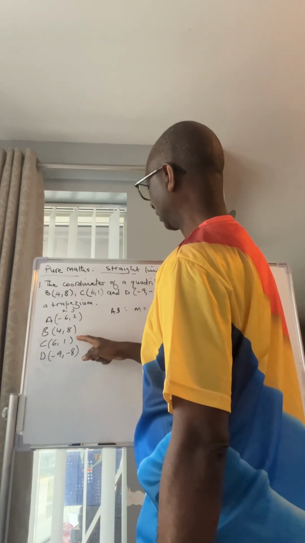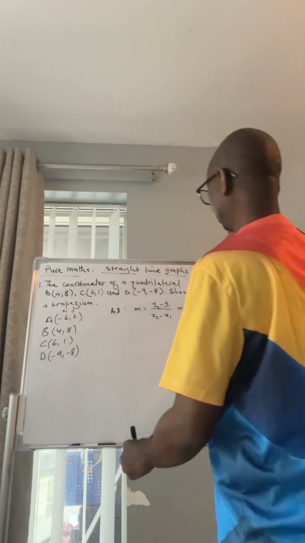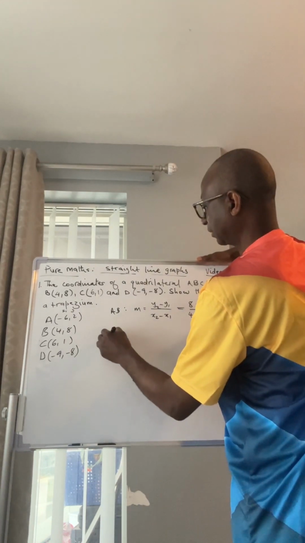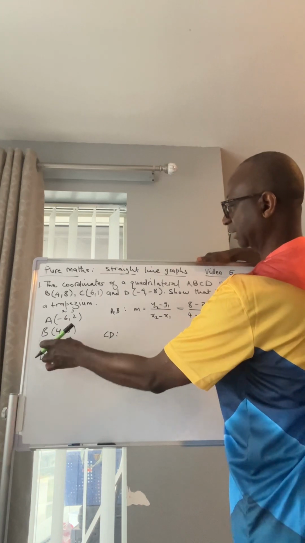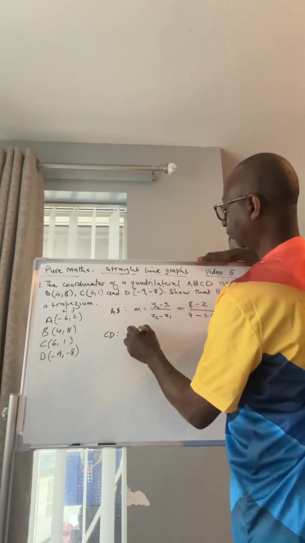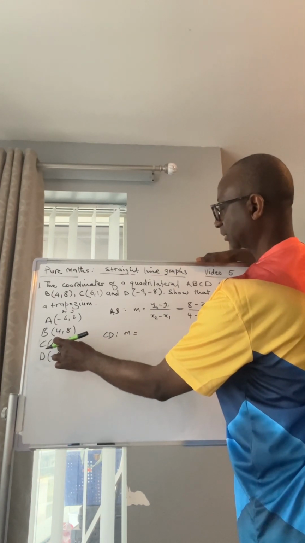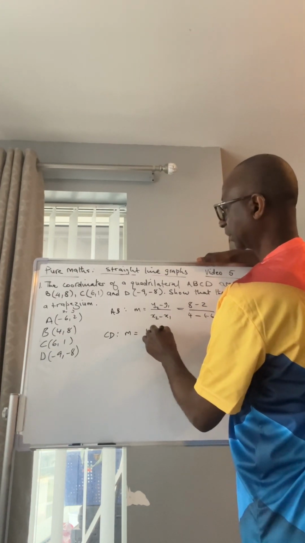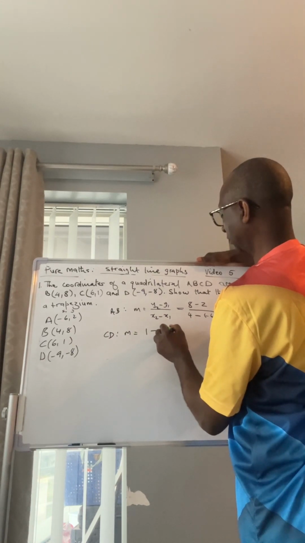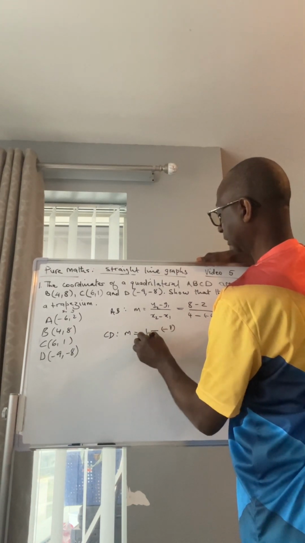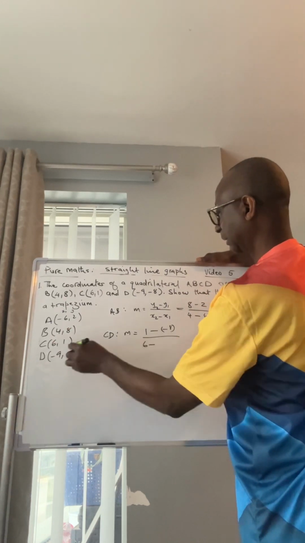Now, let's check these two, C and D. Again, let's say this is the bigger one. So you have m equals 1 minus minus 8, all over 6 minus minus 9.